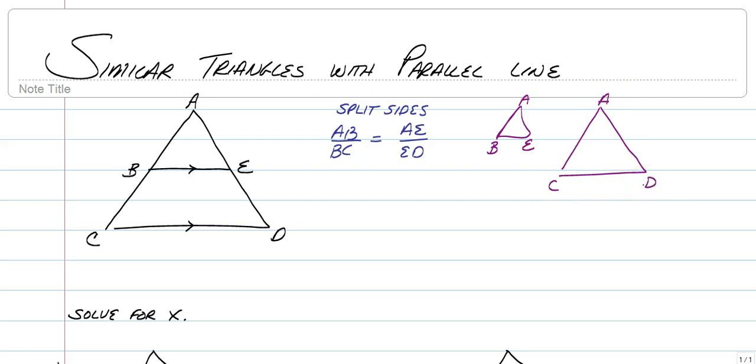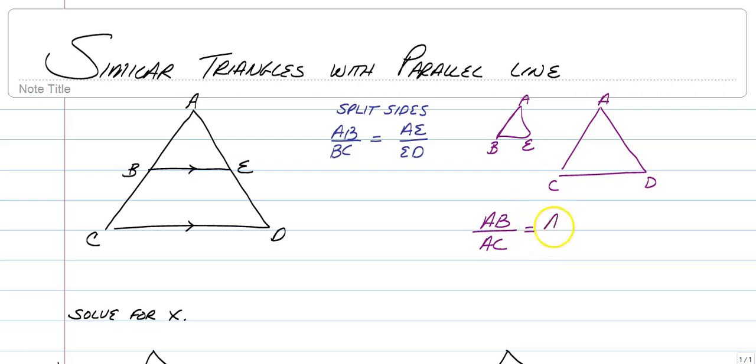And then you would have a couple of more ratios. You would have AB over AC, the left side of the little guy over the left whole thing. You would have AE over AD, and you would have BE over CD, and all of those would be the same ratio. Again, we would have AB over AC, that's little left over the big left.